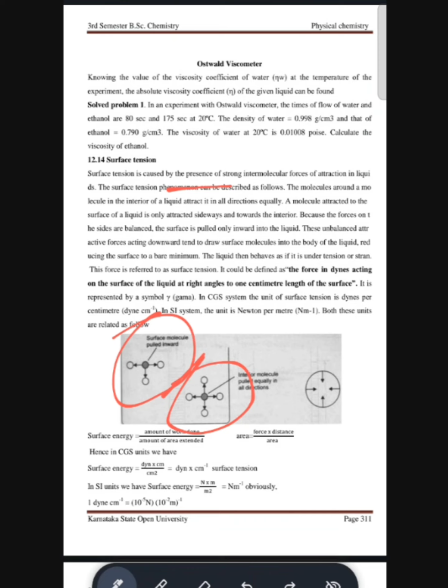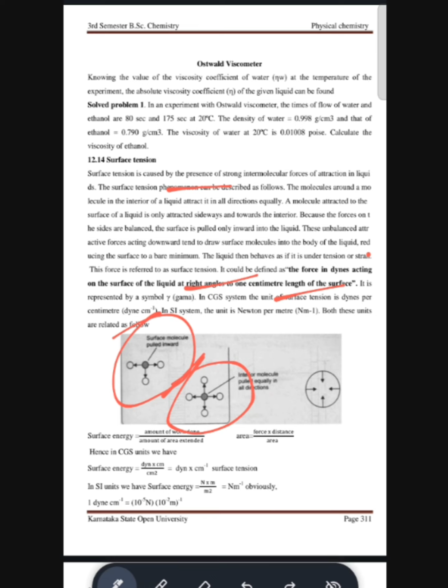This surface tension is present between the molecules. It is the force in dynes acting on the surface of a liquid at right angle to 1 centimeter length of the surface. Let us take an example.